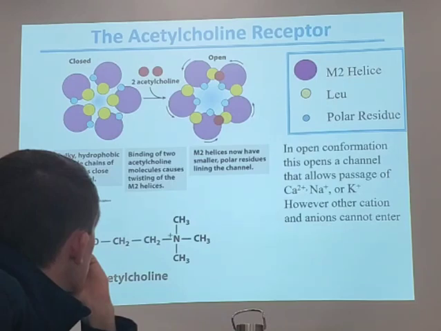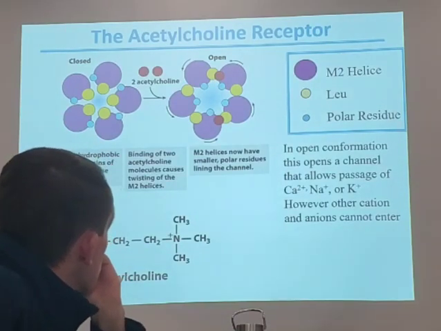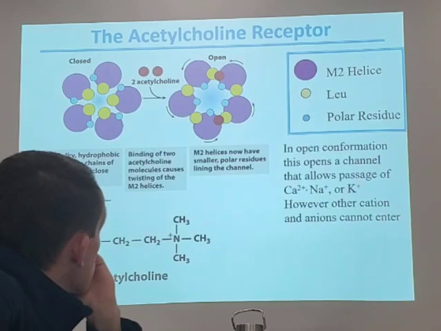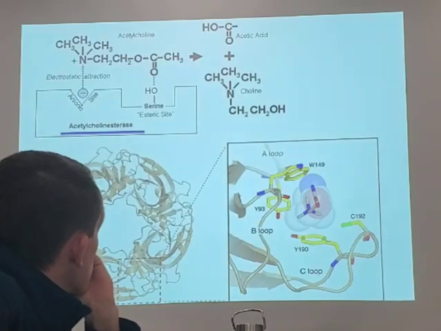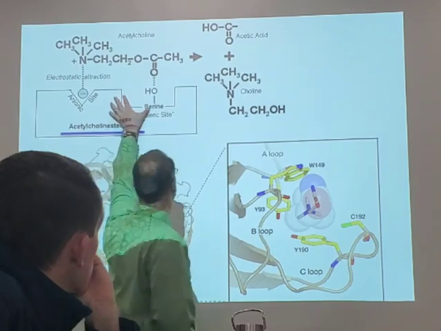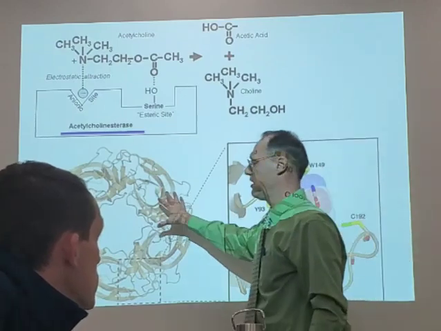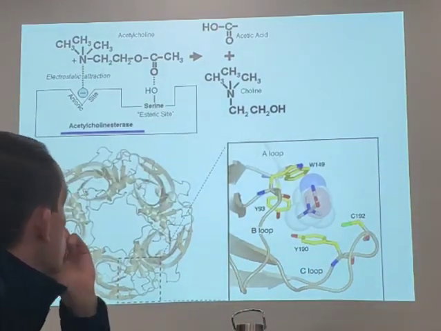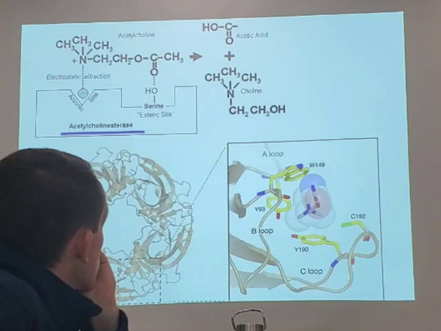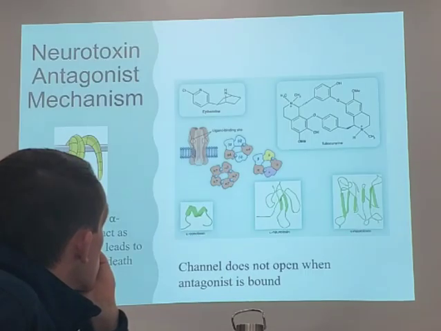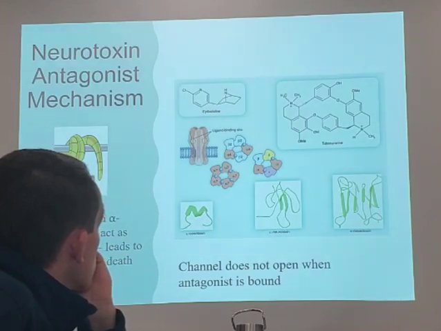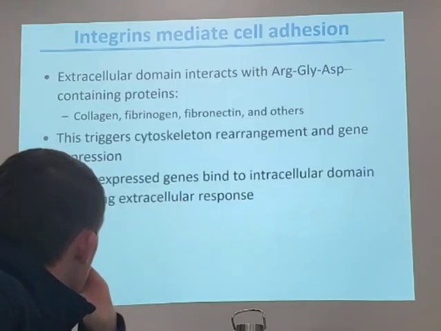It's positive, so that actually helps attract in this instance, and then the carbonyl on the ester bond in the acetylcholine actually fits in right here, attracted to the hydroxyl on the serine, and this forces opening of this structure. The pore in its open form then allows for the entry of the sodium, a little bit of calcium, a minor bit of chloride, of sodium, potassium, sorry. There is an agonist, and an antagonist blocking it, leading to paralysis and death.